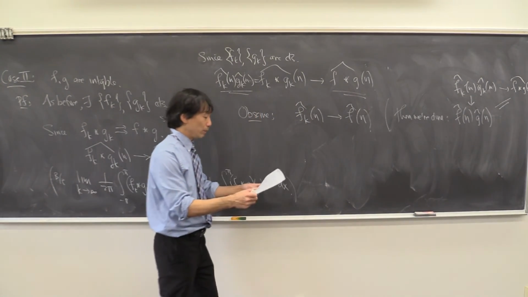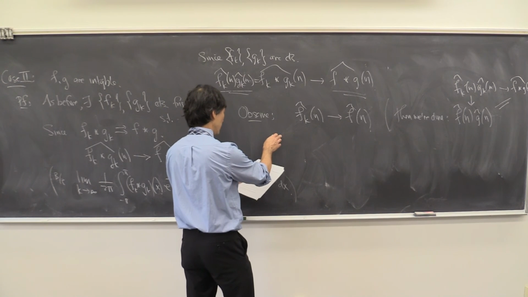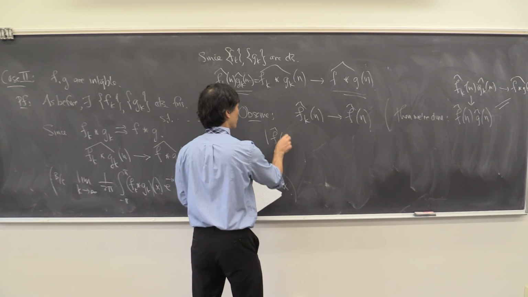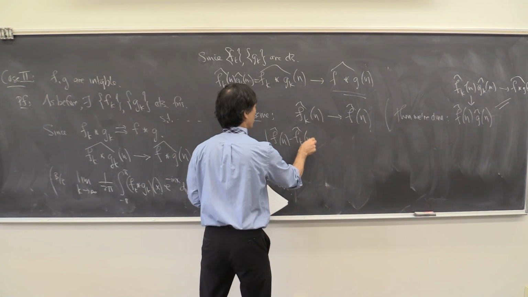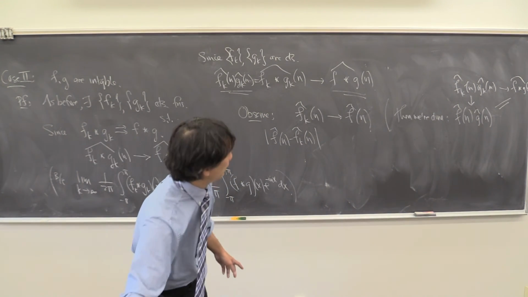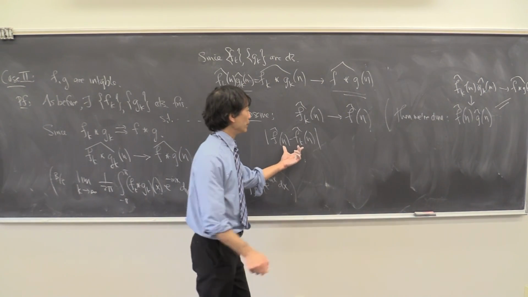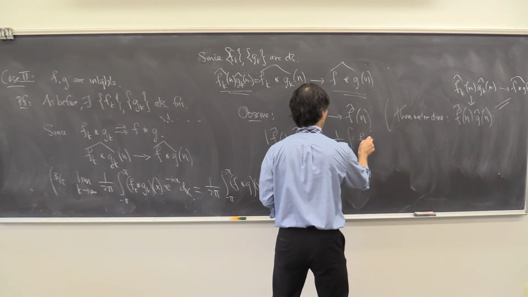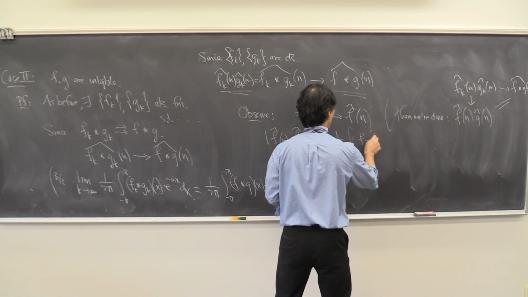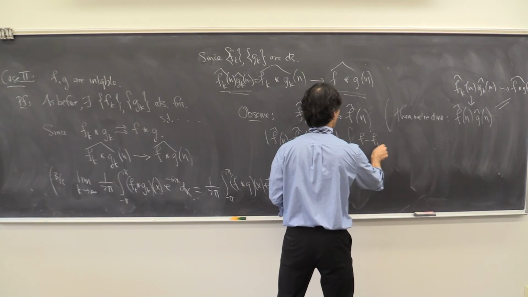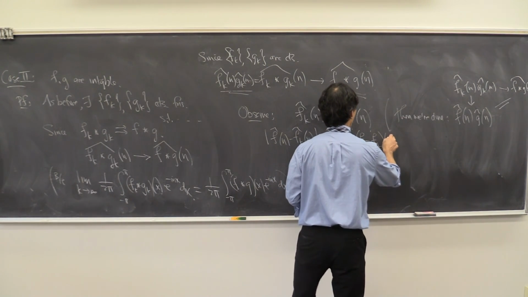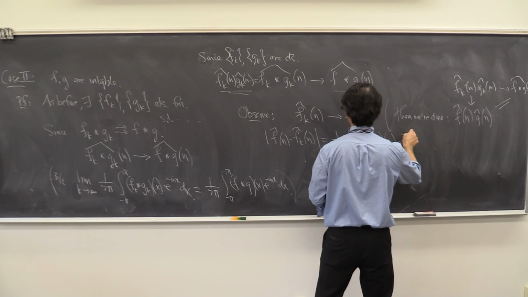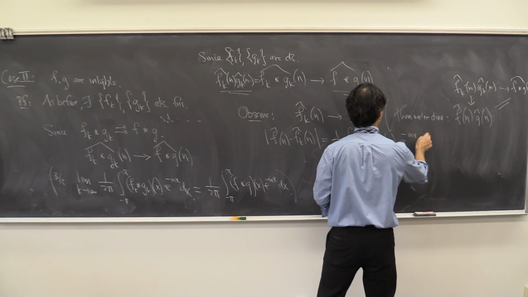If you look at the difference of the coefficients, that's just going to be the integral of f minus f_k of x times e to the negative i n x dx.